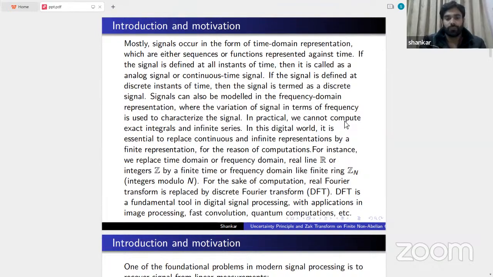For the sake of computation, the real Fourier transform is replaced by the discrete Fourier transform. The discrete Fourier transform is a fundamental tool in digital signal processing with applications in image processing, fast convolution computation, quantum computation, etc.